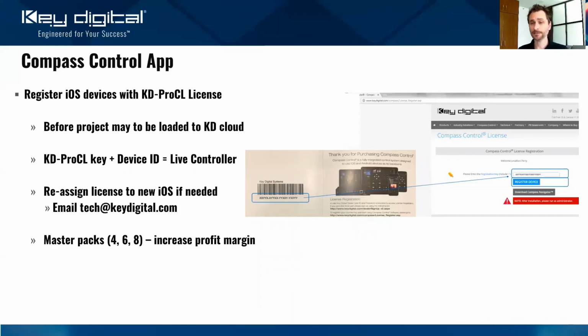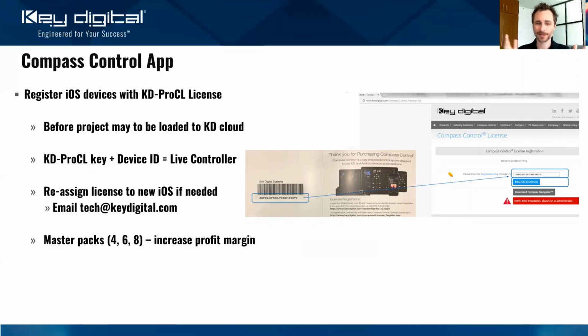The device ID needs to get married to a license. The app is free, but there is a cost for activating each controller, right? And that is done through our license, KD Pro CL, KD Pro CL1, KD Pro CL4, KD Pro CL6, and KD Pro CL8.